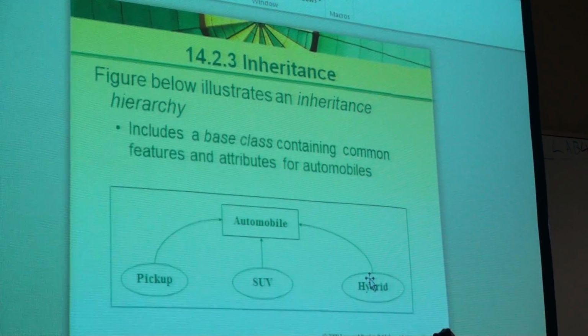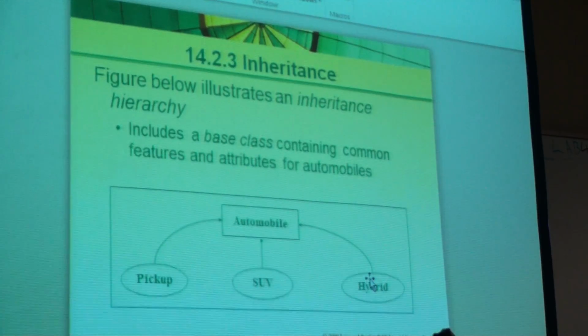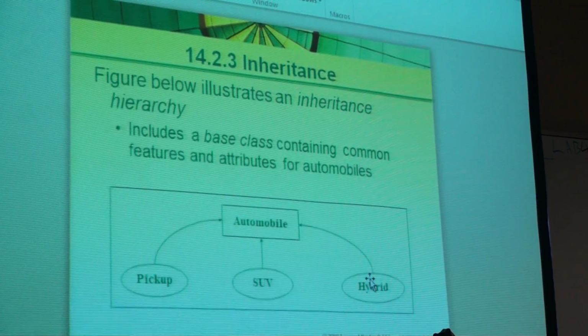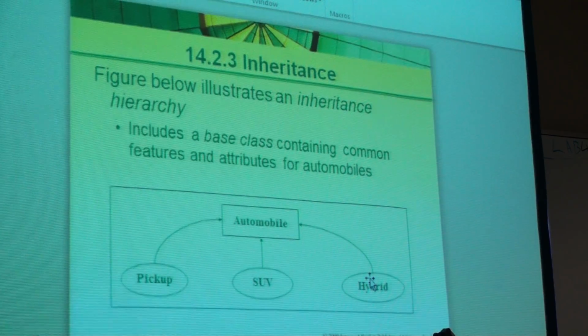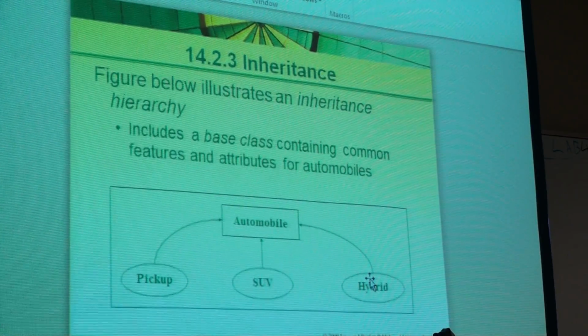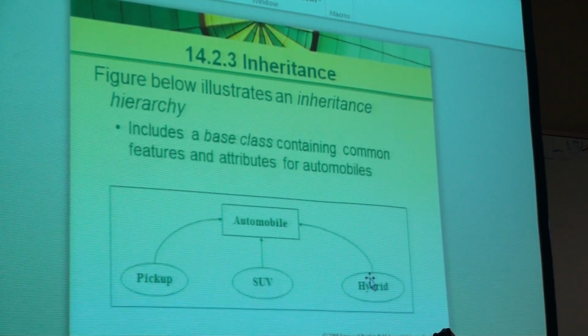Diagram, picture worth 1,000 words here. We have the class automobile. Pickup is an extension, isn't it? It's a specialization, inheriting all the basic fundamentals of what we consider to be an automobile, and adding some extra characteristics, pickup. What's the difference between automobile and pickup?